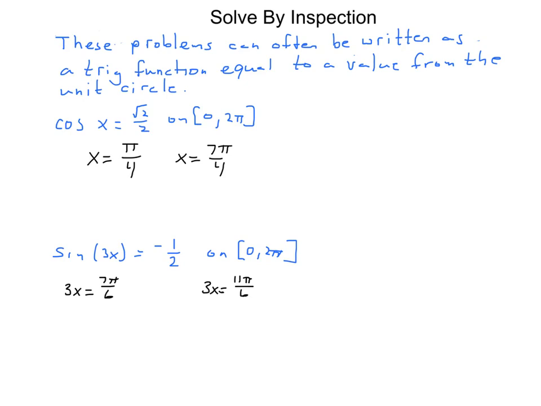In this case, I know the period of this sine function is 2 pi over 3. And so what I'm going to do is add an integer multiple of my period. So in this case, for each one, I'm going to do plus 2 pi n over 3.